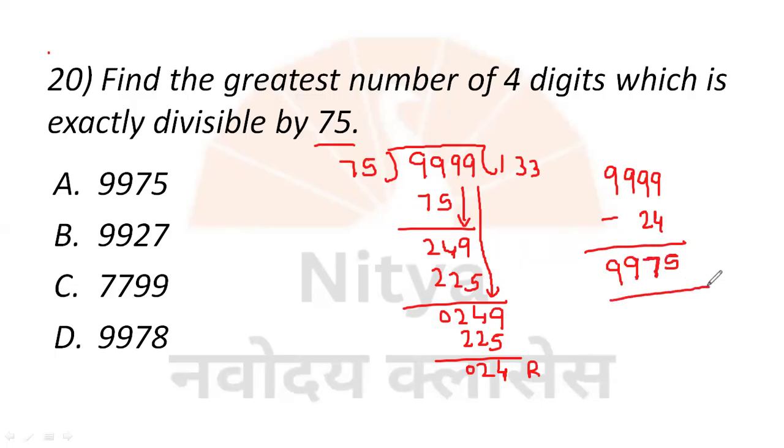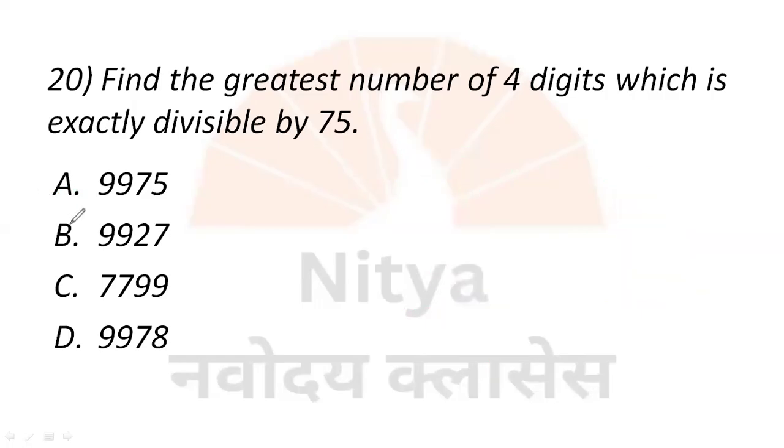So this is the greatest 4-digit number which is exactly divisible by 75. Okay, 9975. Option number A is the answer. Okay, next.